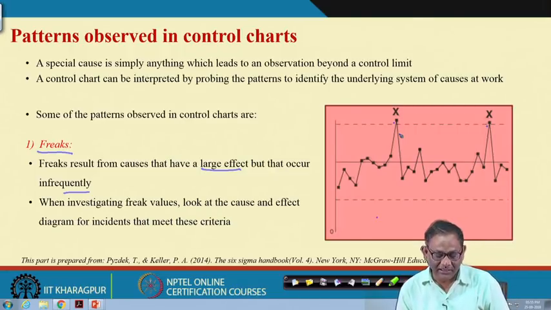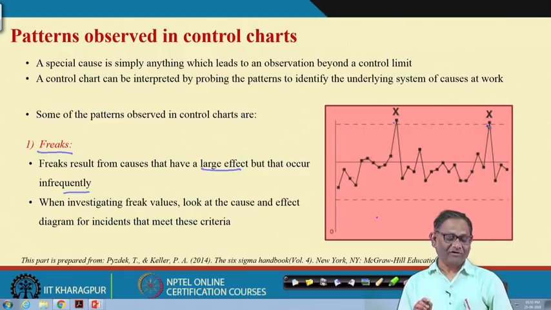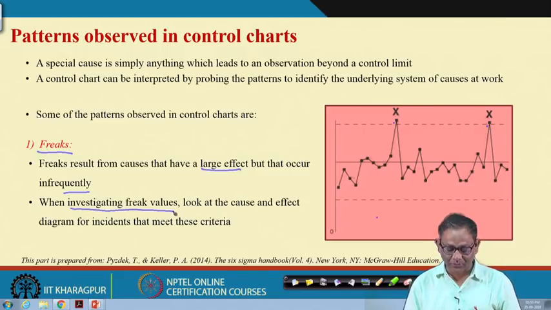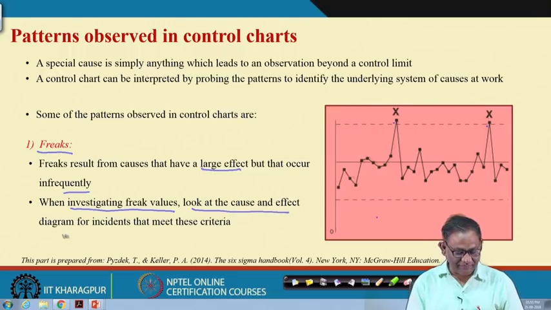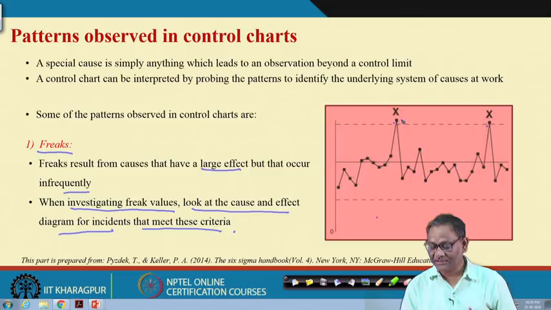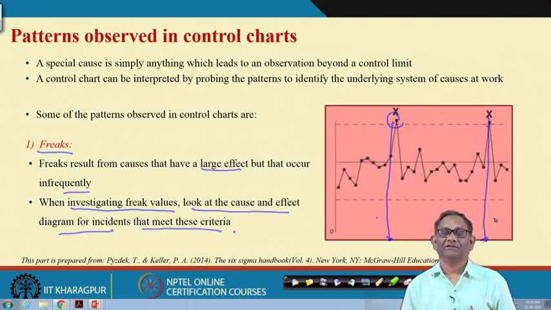The large effect may be positive or negative, but whatever it may be, it will occur infrequently. So, when investigating such freak values, look at the cause and effect diagram for incidents that meet these criteria. That means, during this particular time, what was the situation in the plant? You have to investigate thoroughly.